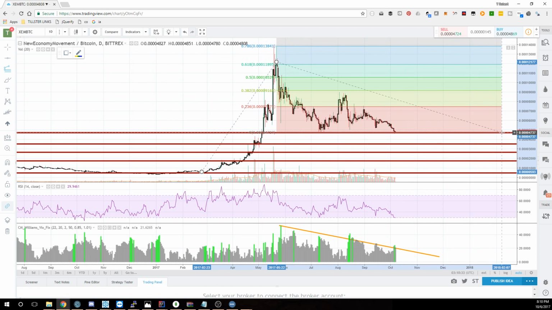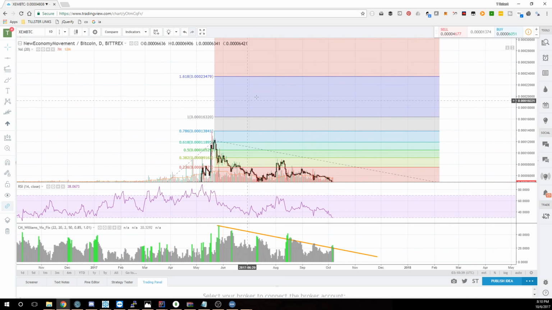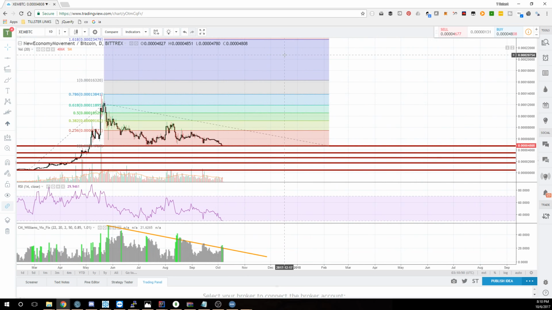Bring it on down and all the way over. Where could we go from here? All the way up into this zone right here. That would certainly be nice. I think a lot of people would love that. Can we create that upside potential for ourselves? Certainly. If we take one position here and schedule all of our downside across here.